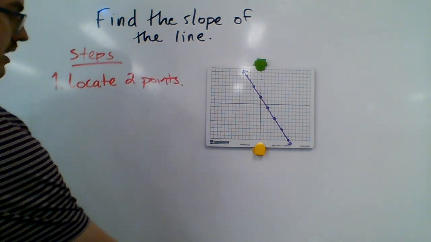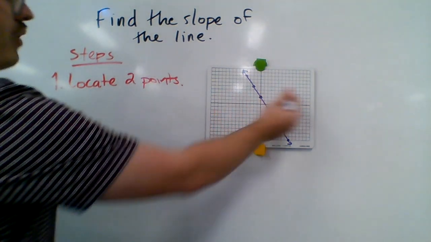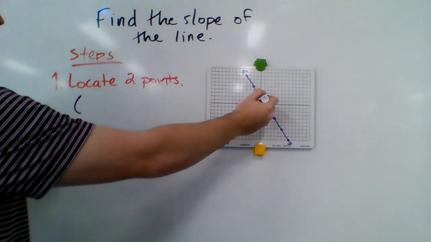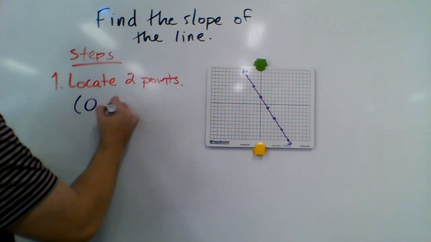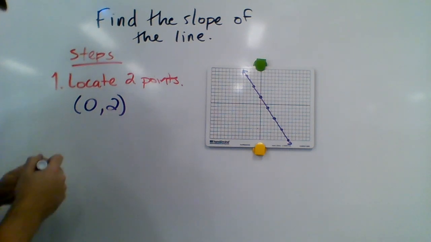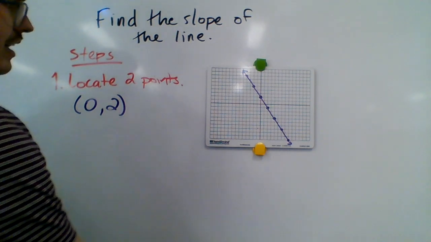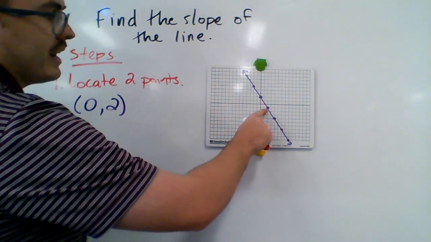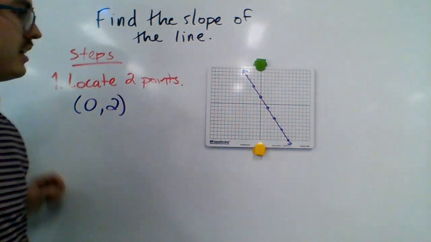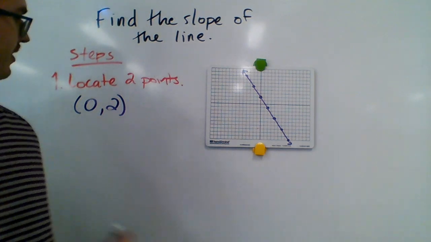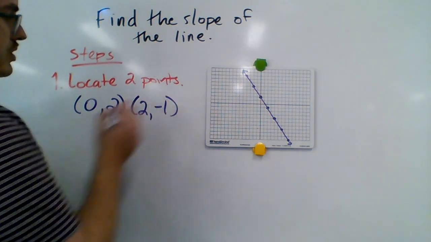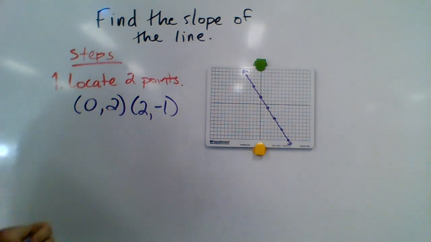I'm going to do that in purple. Remember, we do x, y, so the coordinates for that point is 0, 2. And then I need one more point. I'm going to go ahead and choose this one right here just because the coordinates of that point, 2 to the right and 1 down, so 2, -1.